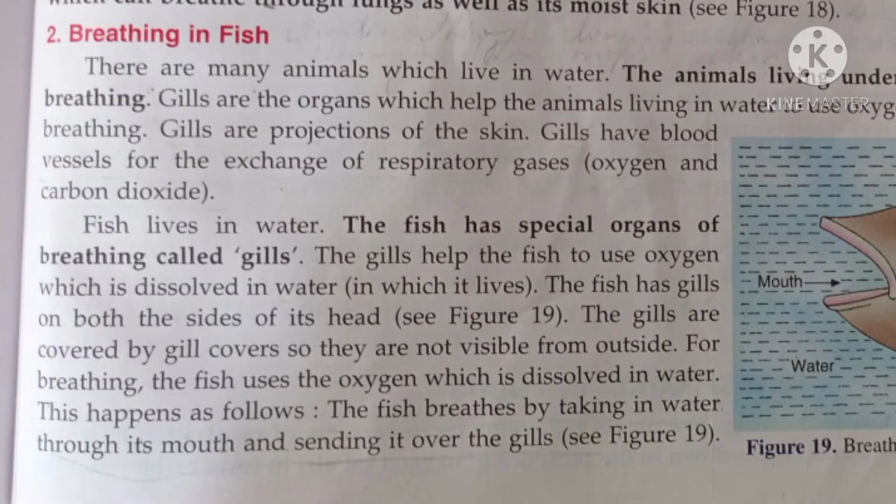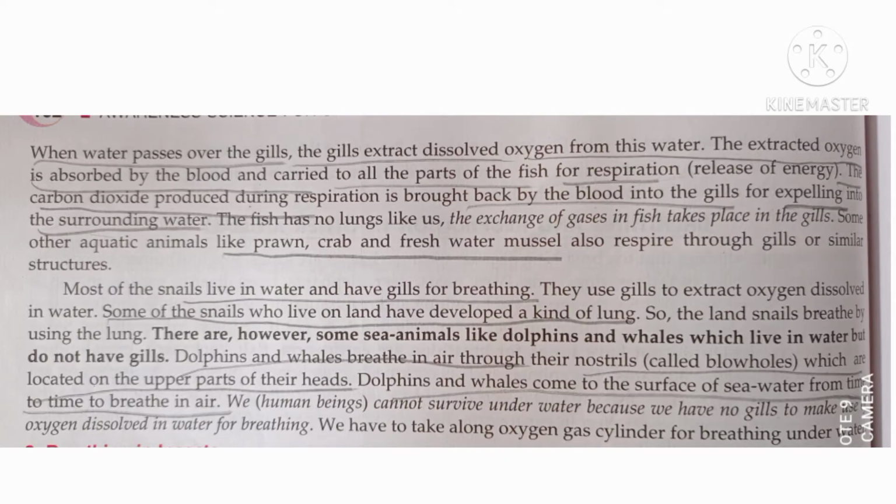This happens as follows. The fish breathes by taking in water through its mouth and sending it over the gills. When water passes over the gills, they extract dissolved oxygen from this water. And the extracted oxygen is absorbed by the blood and carried to all the parts of the fish for respiration.